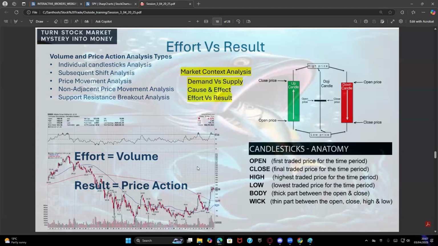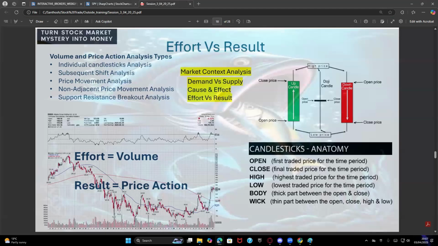We have seen how demand and supply play out. For example, when the market goes down, the supply is high and the demand is less. Similarly, when the market moves sideways, it's between supply and demand, and the balance is almost equal.